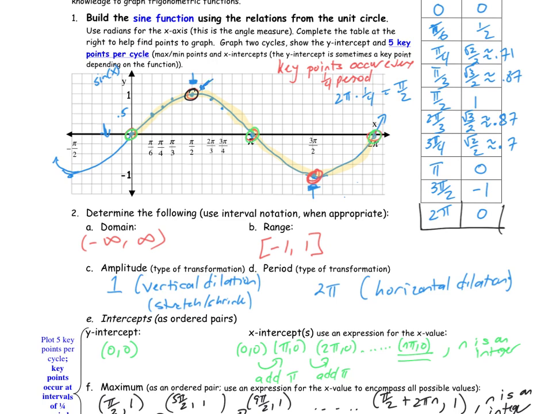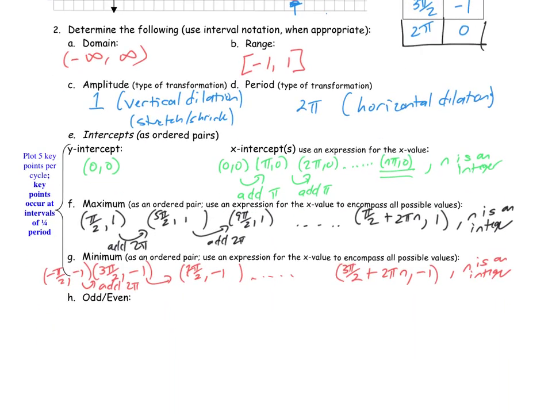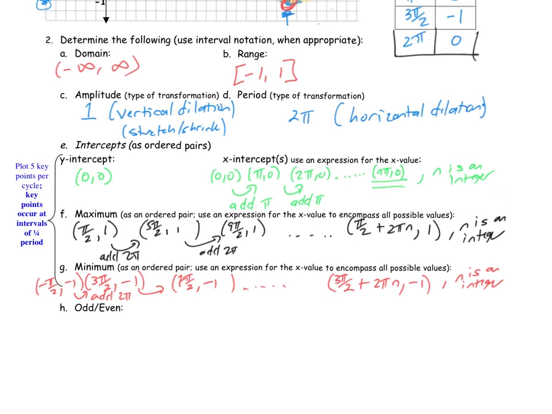If I reflect it over the x-axis, over the y-axis, I'd have (negative pi over 2, negative 1). So this graph is odd. So the graph of sine, the parent function, is odd because it's symmetric with respect to the origin.